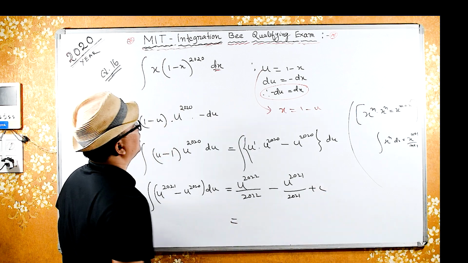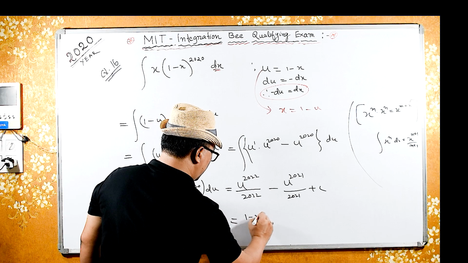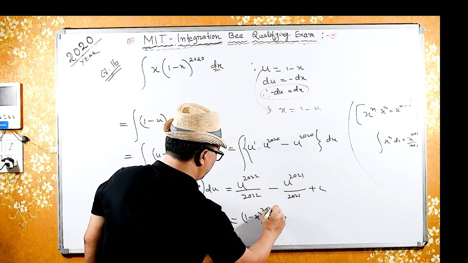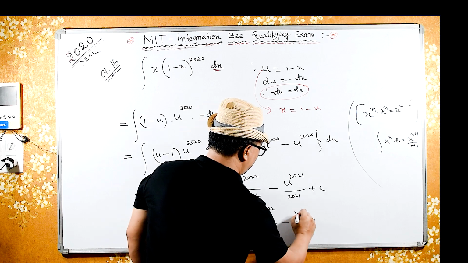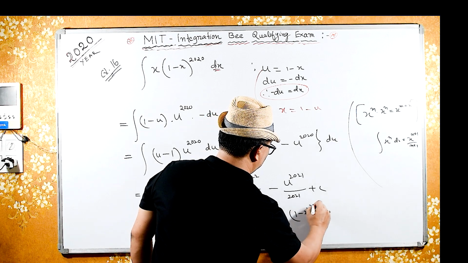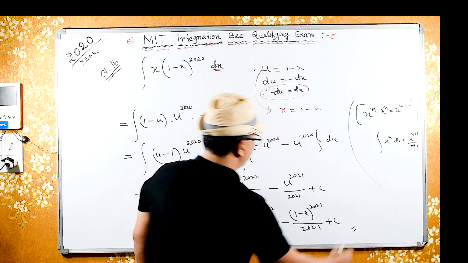What is u? U is 1 minus x. Here (1 minus x) raised to 2022 upon 2022 minus (1 minus x) raised to 2021 upon 2021 plus c. This is the answer.